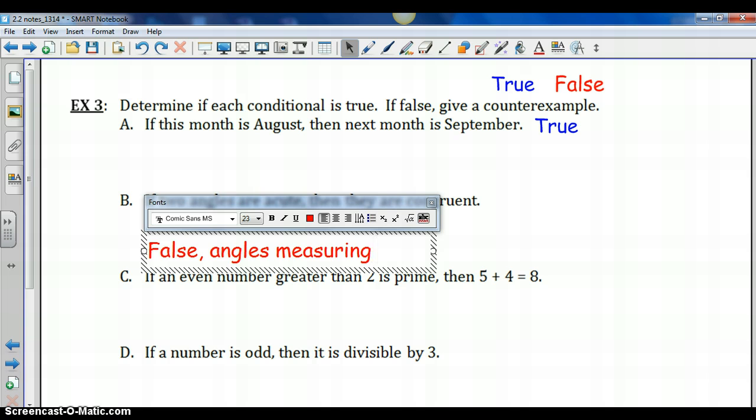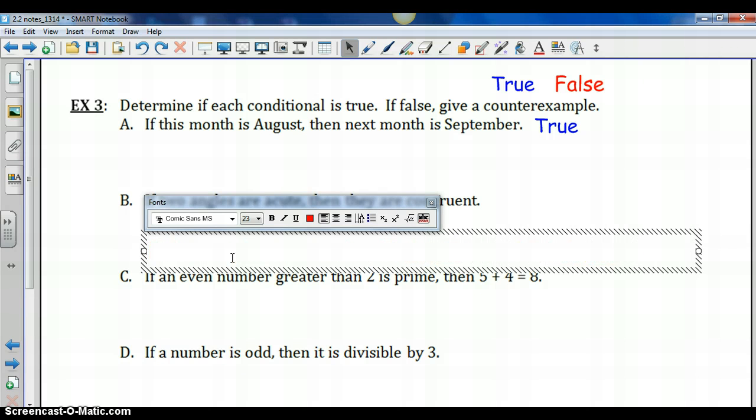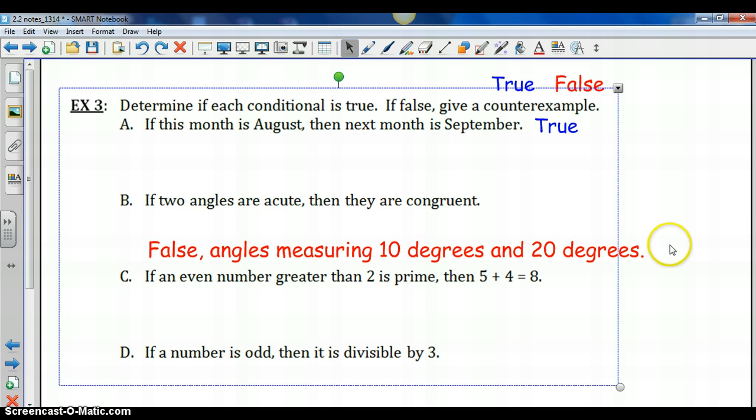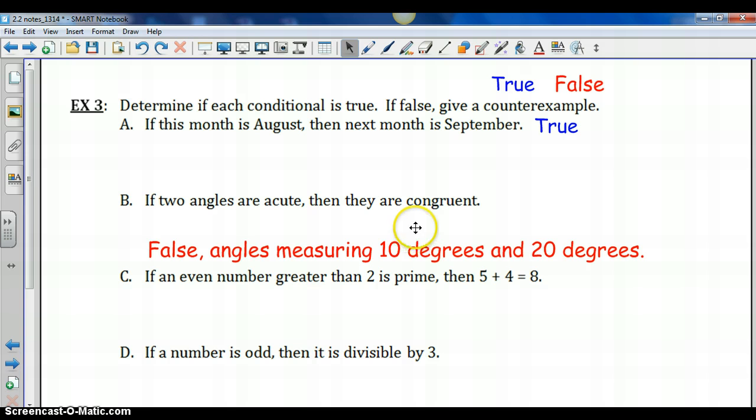We could think of two acute angle measures that are not the same measure. Any acute angle measures that are not the same will work. We could pick 10 degrees and 20 degrees. Those are acute angle measures, but they are not congruent angle measures. So this is false, and that's our counterexample.